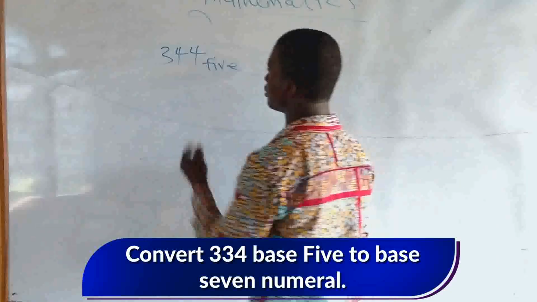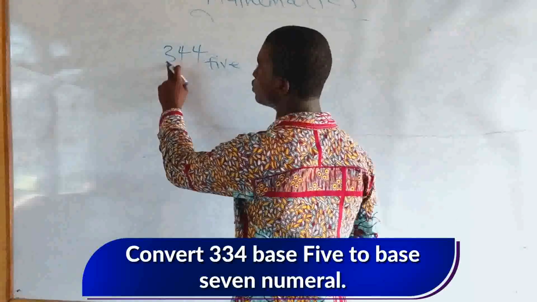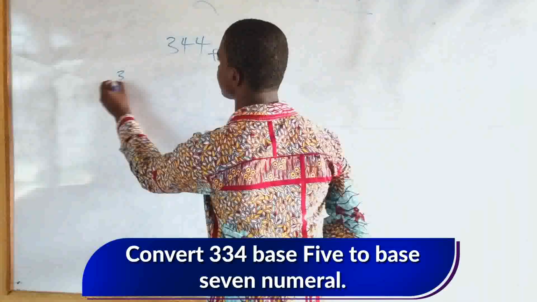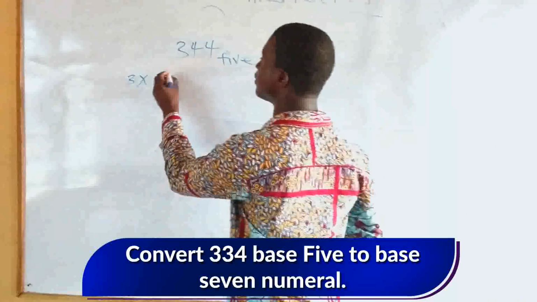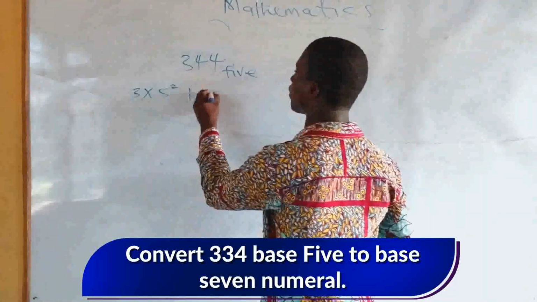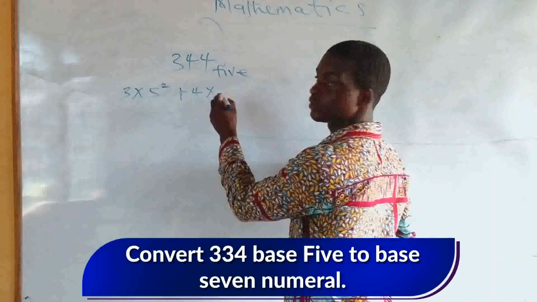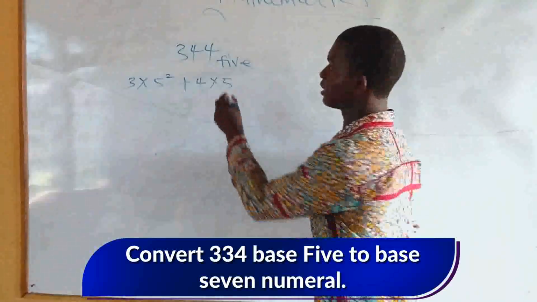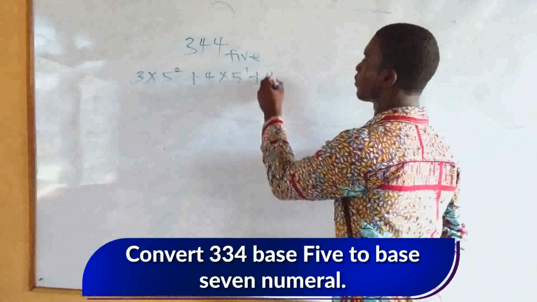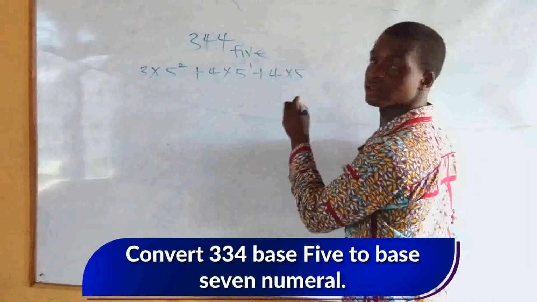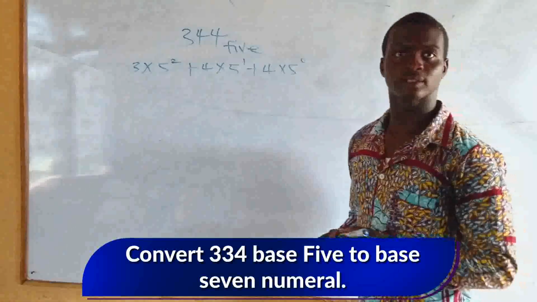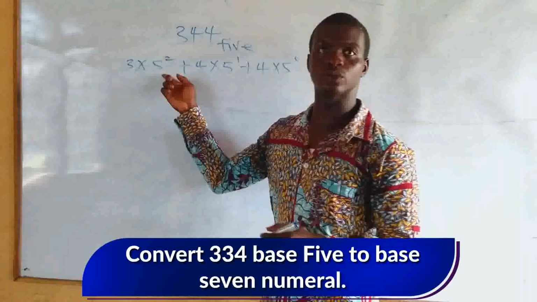Converting to base 10, you give the digits the powers 0, 1, 2. So this is 3 times 5 to the power 2, plus 4 times 5 to the power 1, plus 4 times 5 to the power 0, right? 5 raised to the power 2 gives you 25.